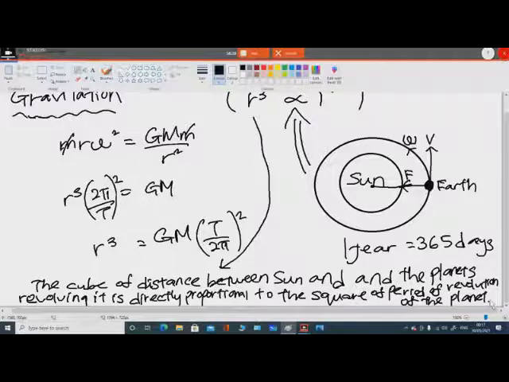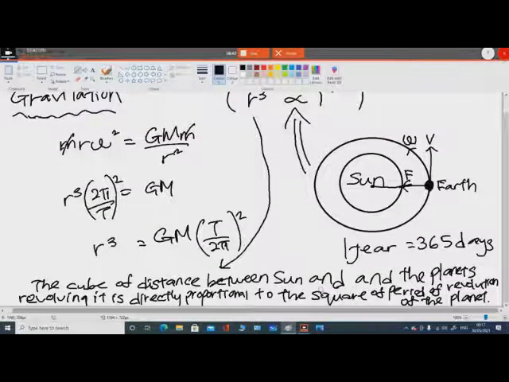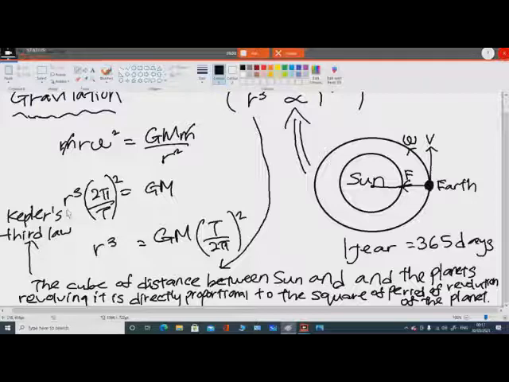So this will be our explanation, and this finally gives us a law which is called Kepler's third law. Let me check Kepler's. Okay, yeah.